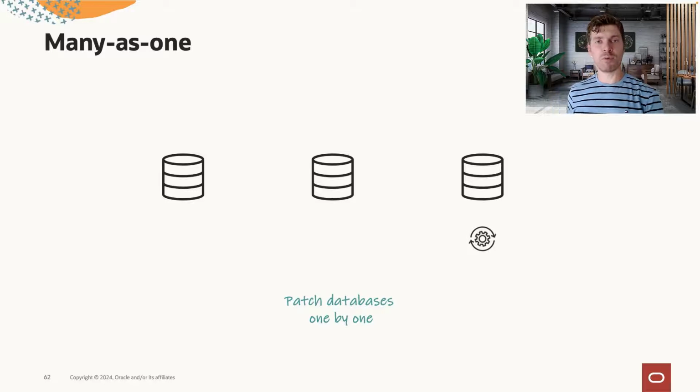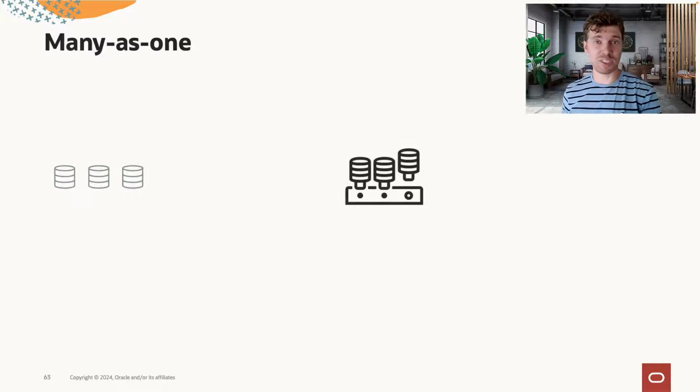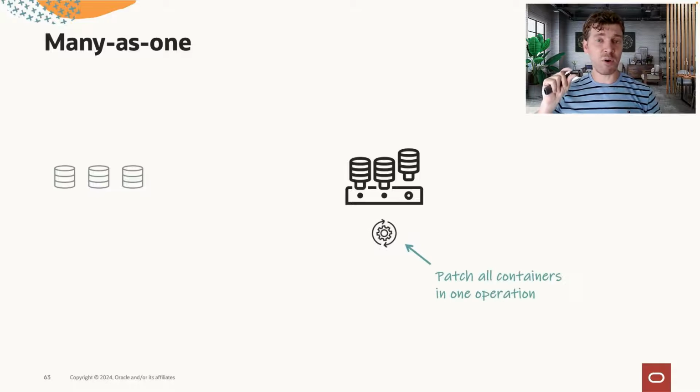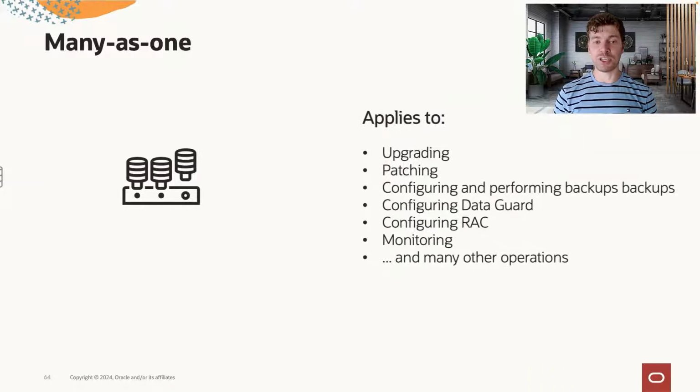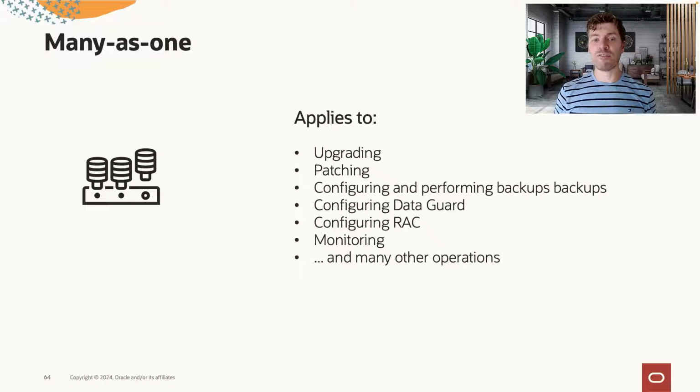But now with the multi-tenant architecture, where you have, for example, all those 3 databases in a single CDB, you can simply run it on one database, and our tool automation will be responsible for patching the CDB and then running the patching process for each of the PDBs. And that's not only for patching. That also applies for upgrading, for example, doing backups or configuring Data Guard. So you just do it once, you don't need to do database per database.